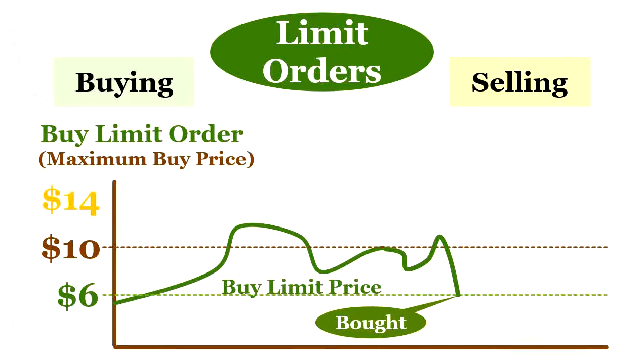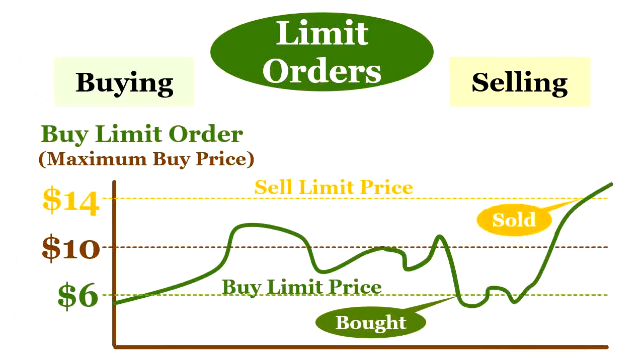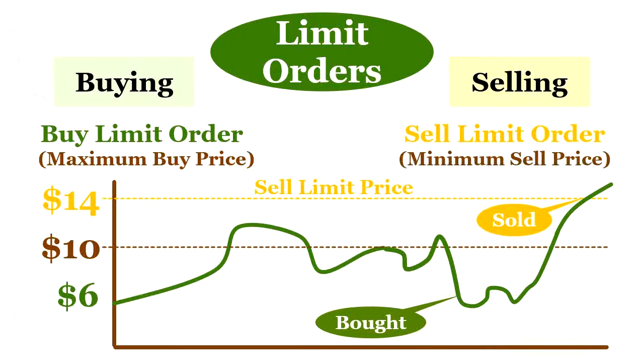Then you will set your limit price to sell at $14. Not until that price gets to $14, then the stock would sell. So that would be a sell limit order with a limit price of $14. So with limit orders, when buying, you'll set the limit price, which is the maximum price you're willing to pay to buy a stock. And when selling a stock, the limit price would be the minimum price you're willing to accept when selling a stock.